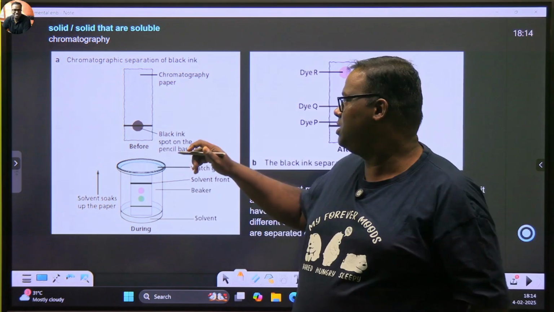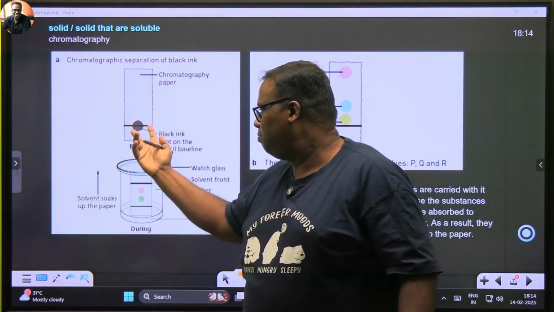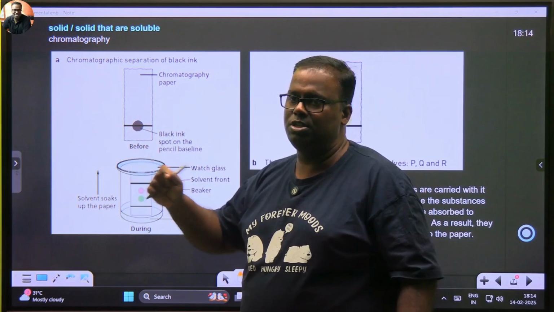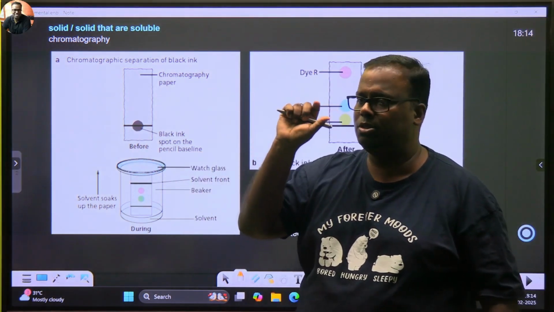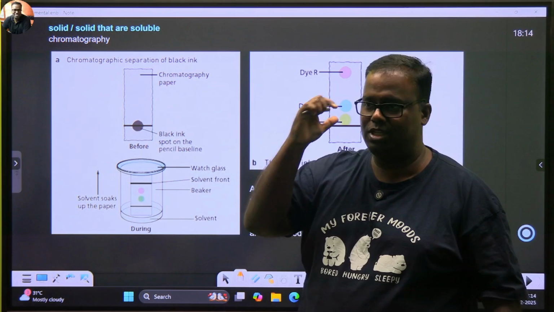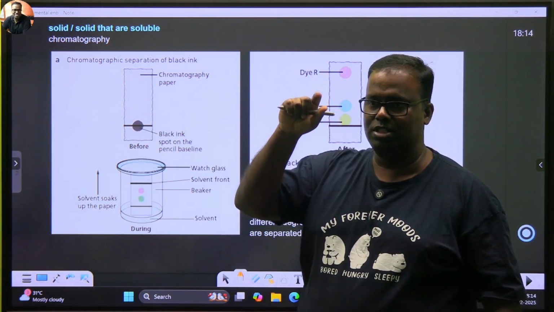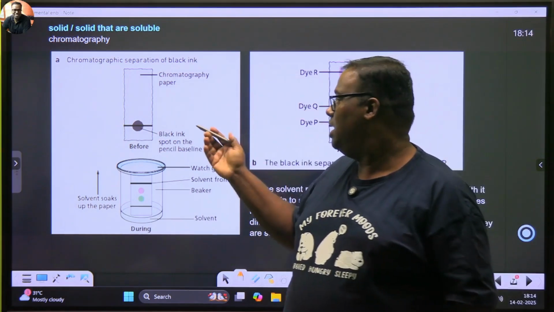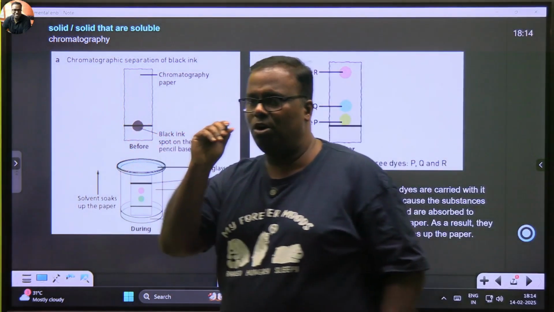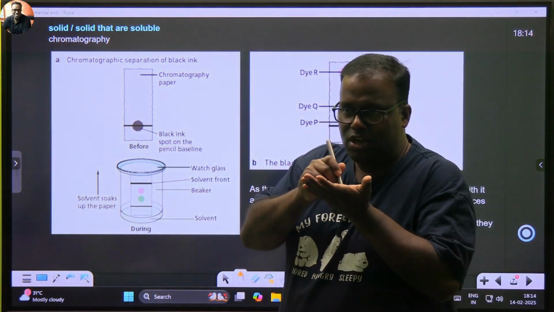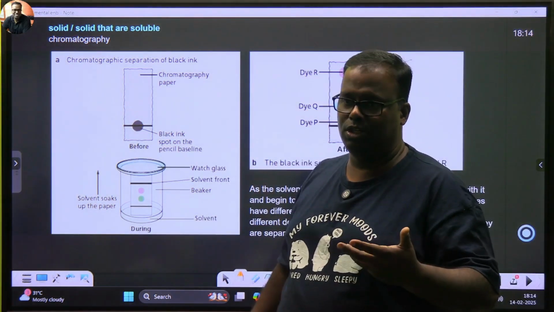Now how does that separation happen? Take a paper strip or chromatography paper strip, and first mark a line with a pencil. Don't use a pen, because the ink will get damaged when the chromatography process starts. Then put a drop of the mixture from which you want to separate the components.